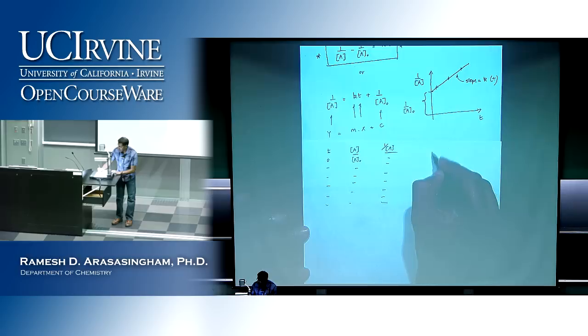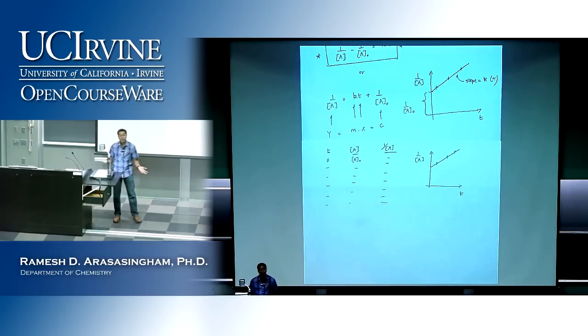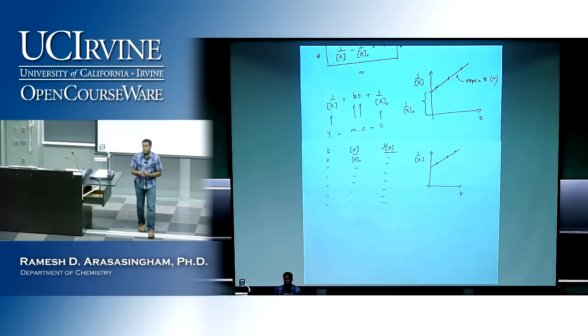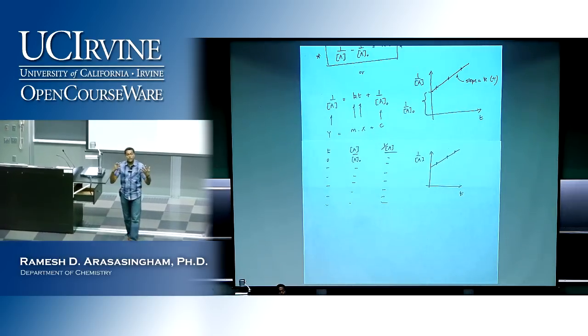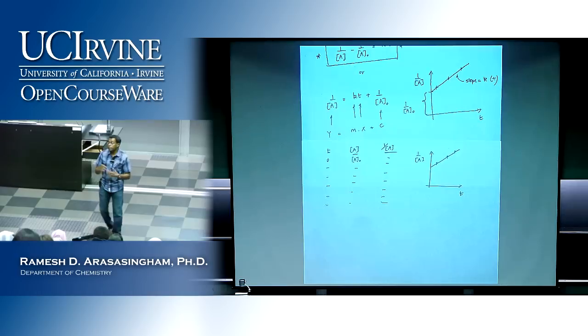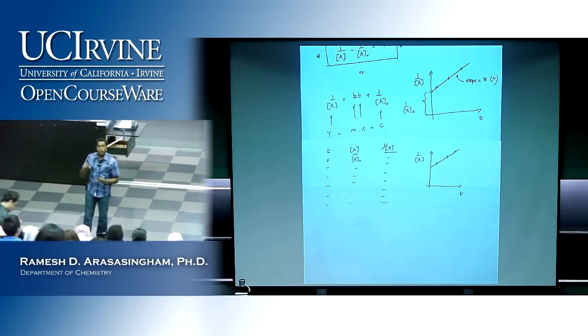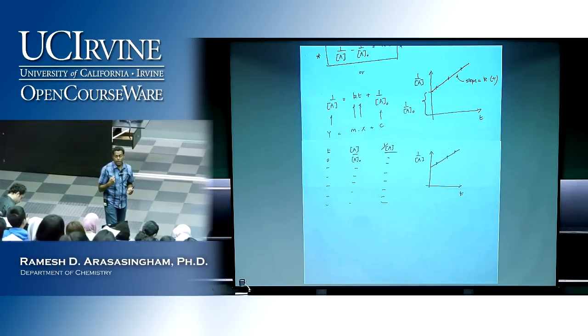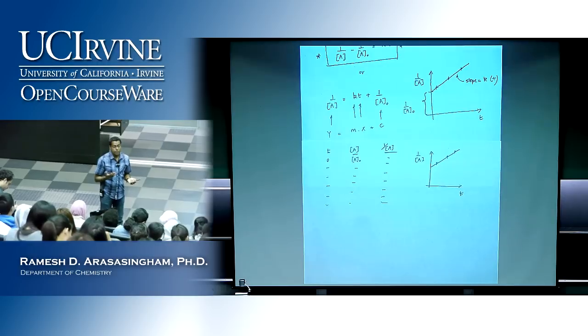And if I plot 1 over A versus time, and I end up with a straight line graph with a positive slope like that, then I know that that will be a second order. All right, so you're looking at the variation of concentration versus time, and you're making a plot, and if you make a plot of 1 over A versus time, and you end up with a straight line with a positive slope, that means it's second order.